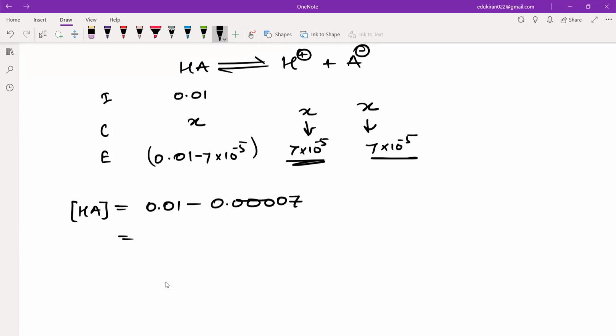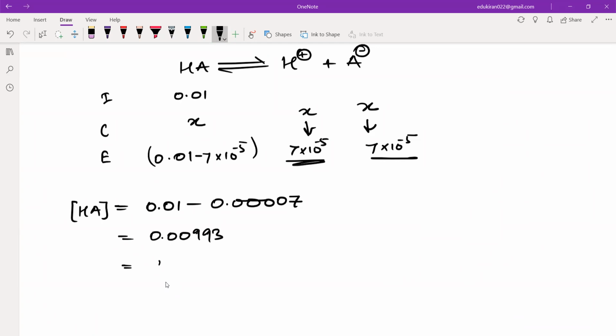So this will be equal to how much? Sir, 0.00993. 0.00993.